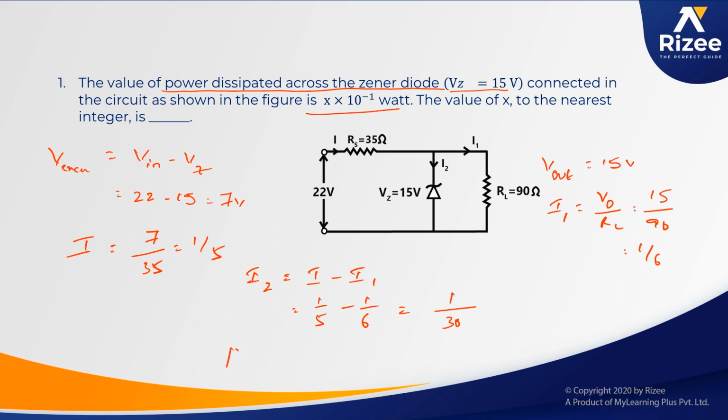Then the power dissipated P is equal to Vz into I2, that is 15 into 1 by 30, which is 1 by 2, 0.5 watts. Fine. So nearest means you need to round it off; this is 5 into 10 to the power of minus 1, where the x value will be 5.